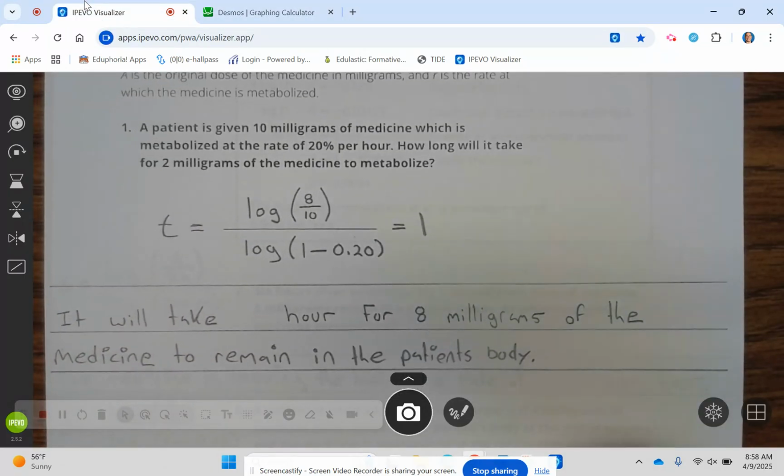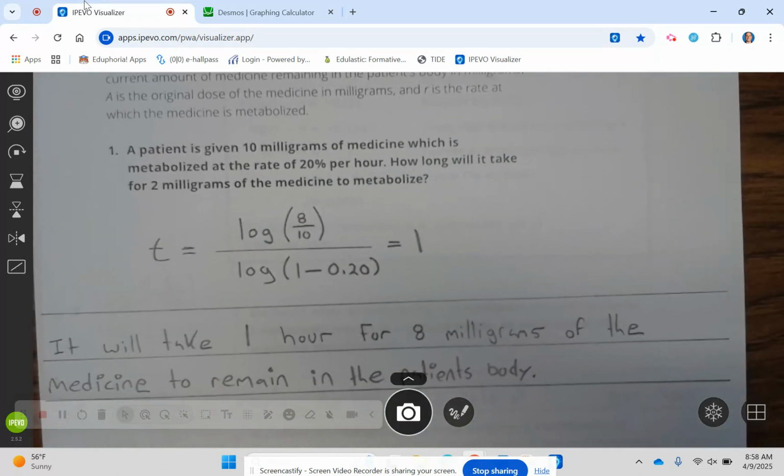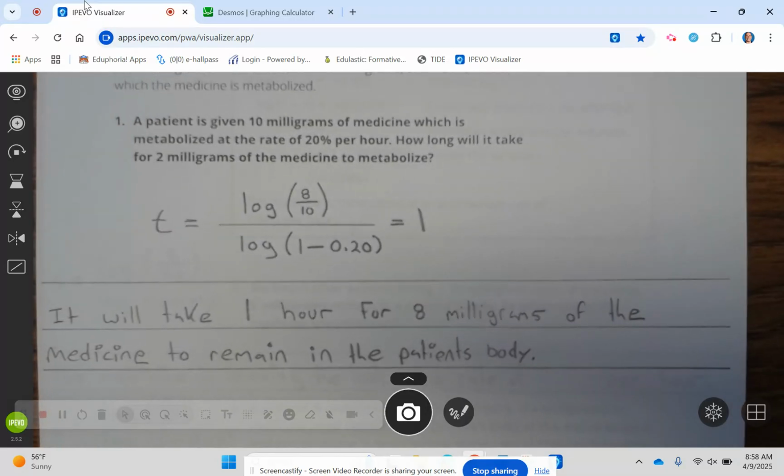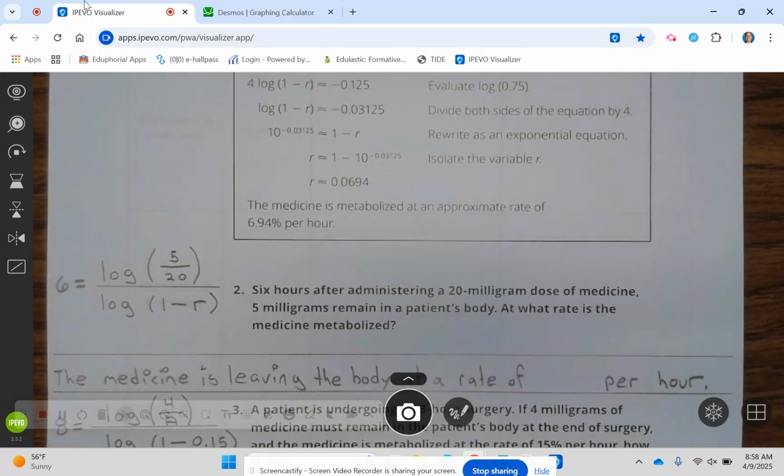So it will take 1 hour for 8 milligrams of medicine to remain in the patient's body. All right, you go and finish up number 1. All right, let's take a look at the next page.